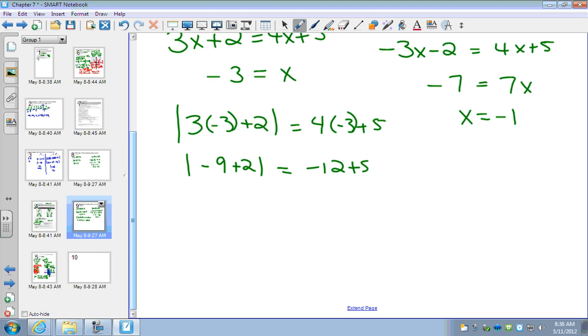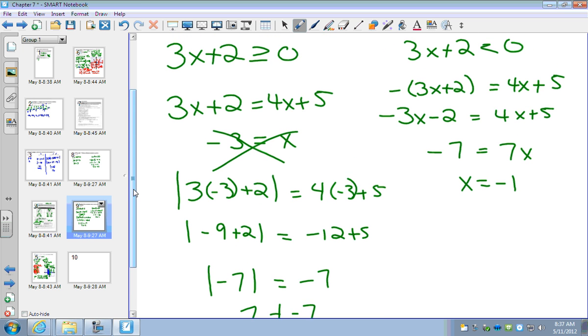Negative 9 plus 2 is negative 7. Does the absolute value of negative 7 equal negative 7? The absolute value of negative 7 is 7. Uh-oh. Those do not equal. This is an extraneous root. Doesn't work.